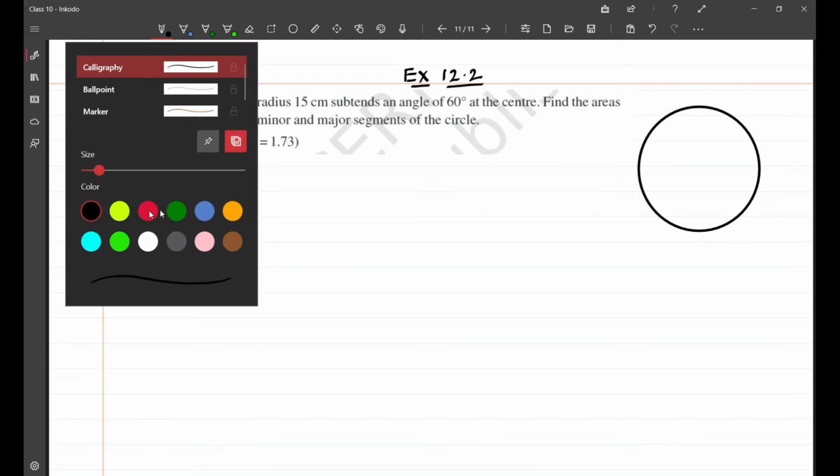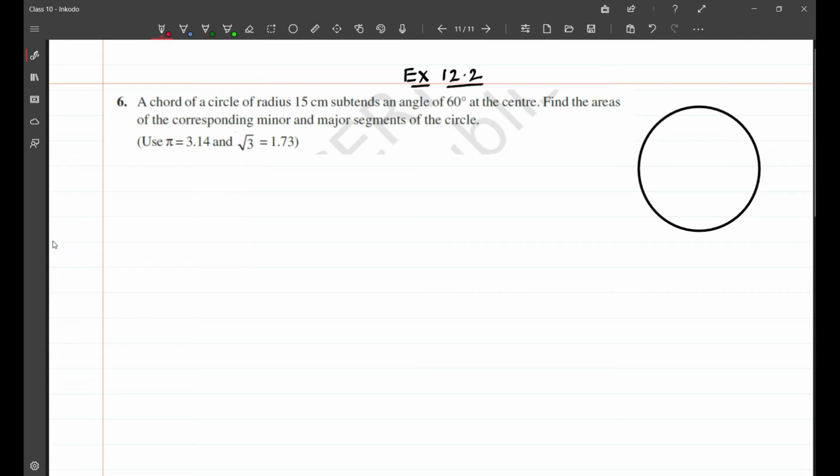Let's consider center as O. In this question given radius is 15 centimeter, so I am taking OA as 15 centimeter and OB also I will take as 15 centimeter. In the question given, a chord of a circle of radius 15 centimeter subtends an angle of 60 degree at the center.